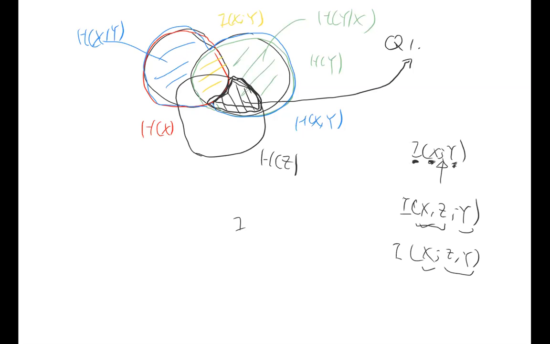But I can also ask what's the shared information between x, z, and y, so I should have a semicolon to separate x, z, and y. Is that clear? Or I can say what's the shared information between x and z, y. Then I should have the semicolon separate x and z and y.